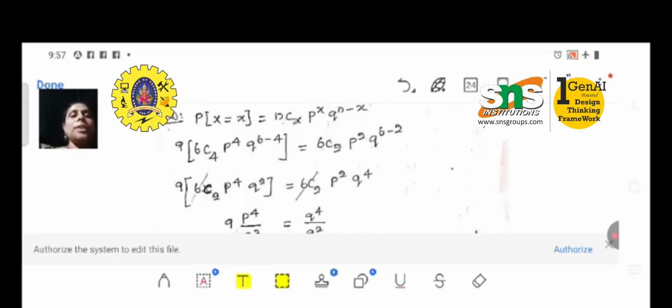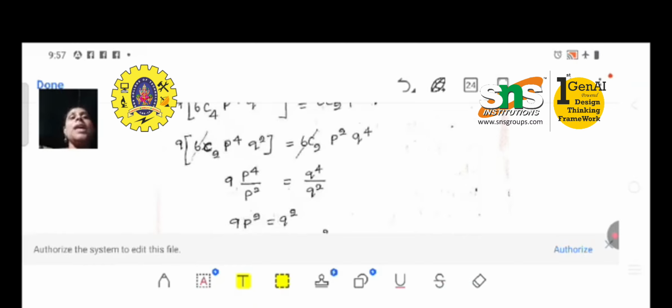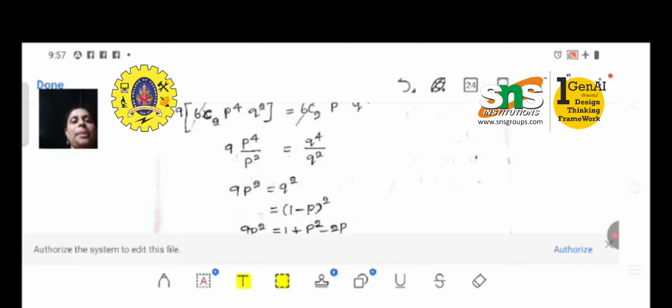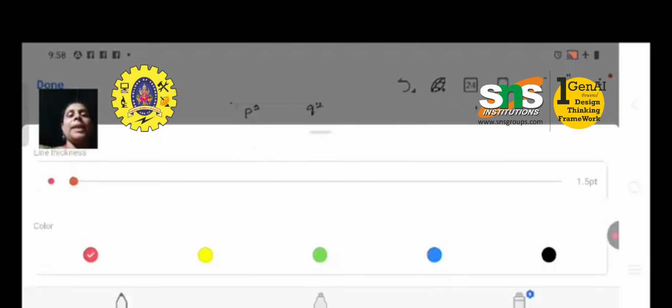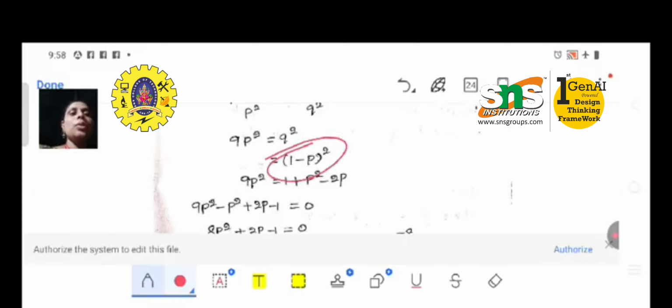After we cancel the similar terms on the left hand side and the right hand side, we get 9 into p power 4 divided by p square equal to q power 4 divided by q square. After cancellation we get 9p square equal to q square. We want to write everything in terms of p, so we replace q by 1 minus p.